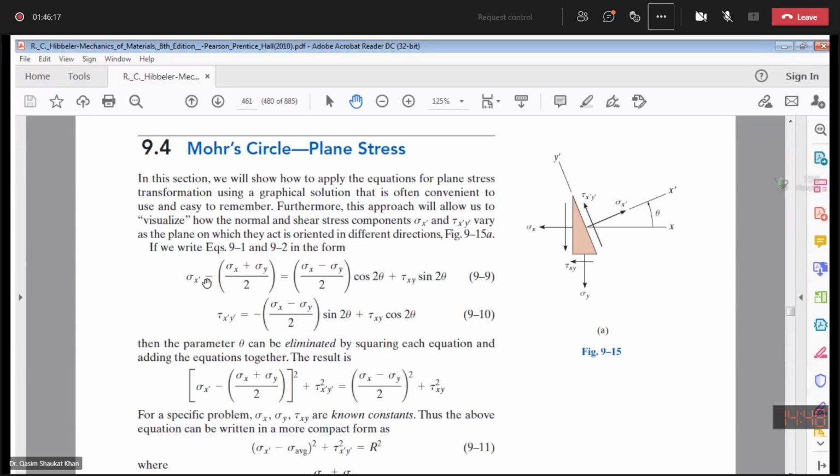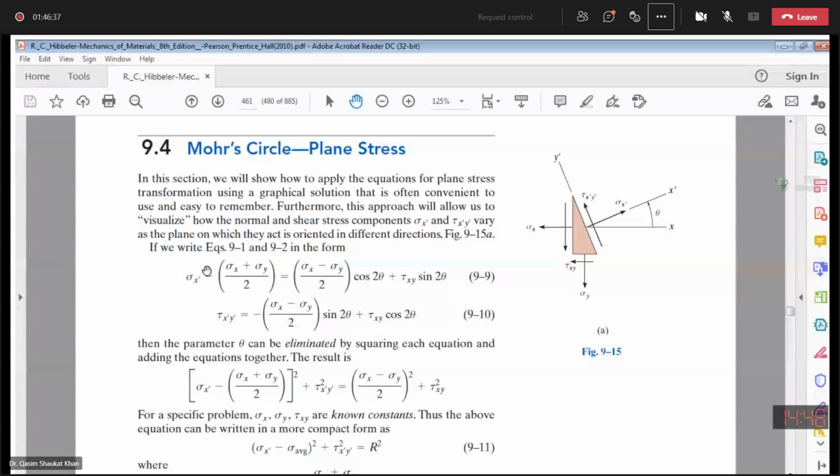So sigma x dash minus sigma x plus sigma y over 2 is equal to sigma x minus sigma y over 2 cos 2 theta plus tau xy sin 2 theta. Similarly, tau x dash y dash is equal to minus sigma x minus sigma y over 2 sin 2 theta plus tau xy cos 2 theta. So this is just rearranging the coefficients.